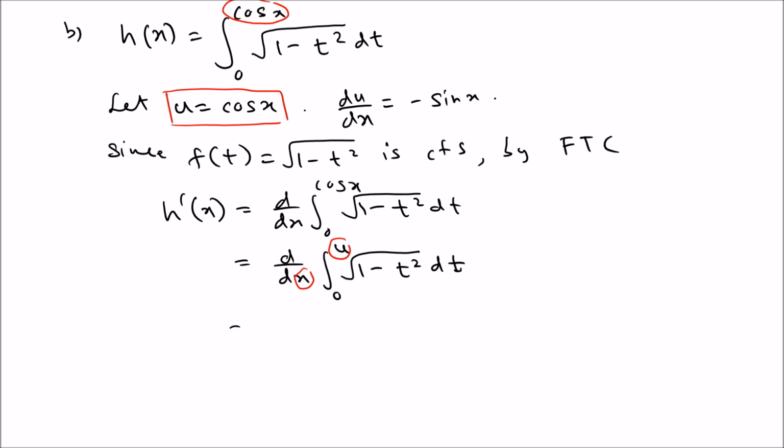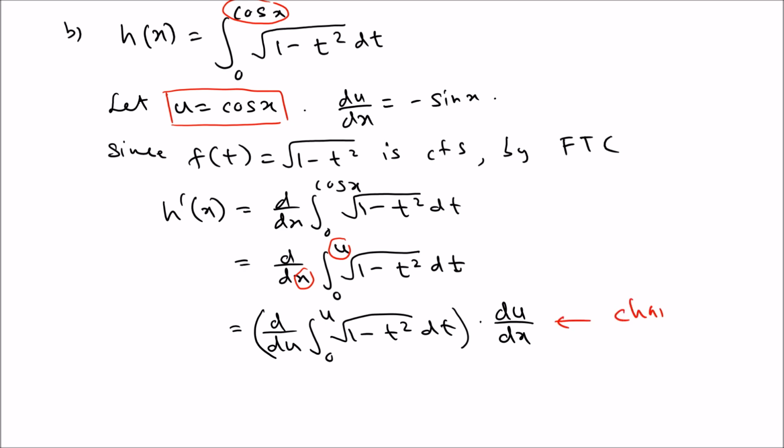So you can write this as d over du of the integral from 0 to u of the square root of 1 minus t squared dt, times, by the chain rule, du by dx. That is the chain rule. We have that, and then this part you can do using the fundamental theorem of calculus.